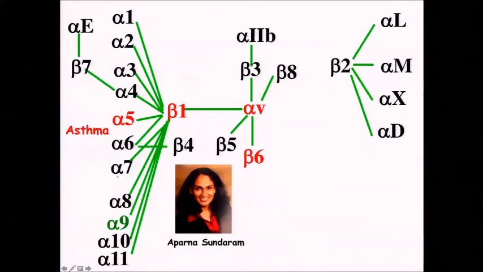But what Aparna set out to do was to try to understand why the beta-6 knockout mice that we developed a number of years ago were protected in models of chronic allergen challenge. And this journey took her from this integrin to a completely different integrin that turns out to be the target that we're working on.